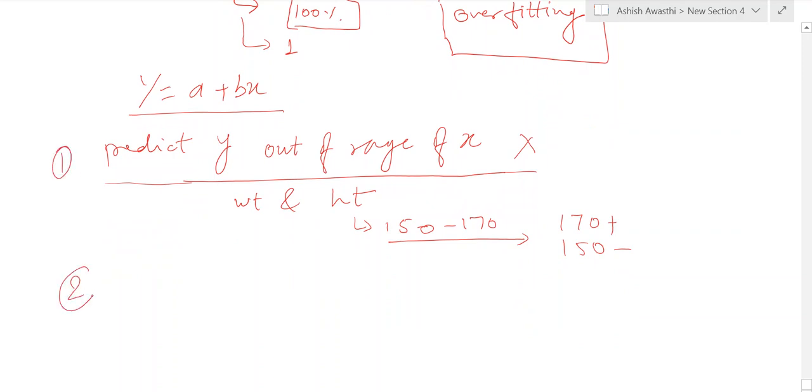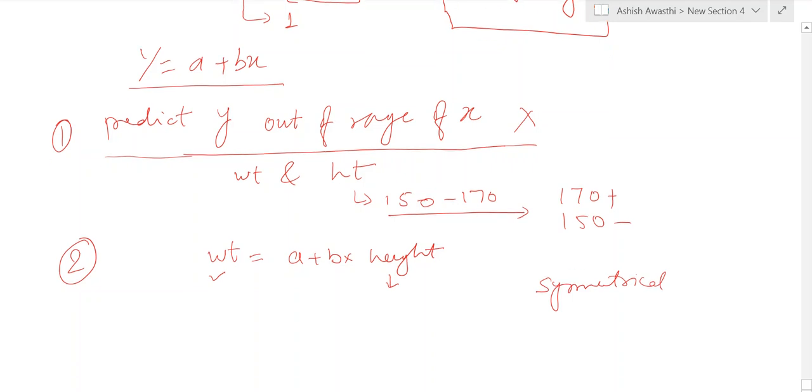The second most important thing to consider is that you have fitted a model for weight is equal to a plus b into height. Don't try to calculate height for a given weight. It is not possible with this equation to calculate height for a given weight, because the relationship you got in the equation of y is equal to a plus bx is not symmetrical, and it will lead to some error.